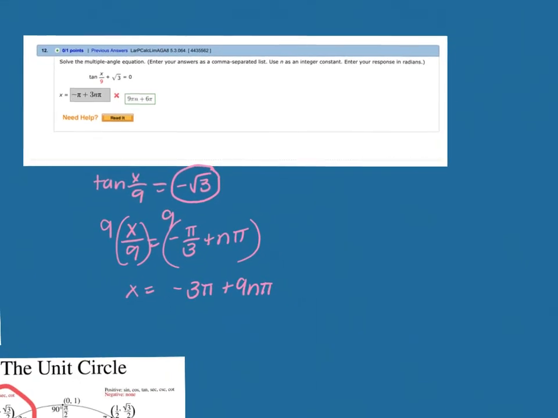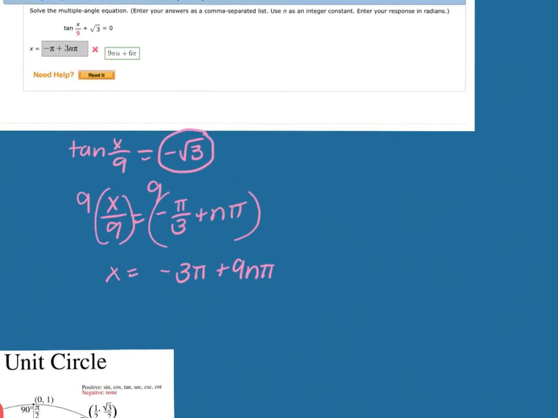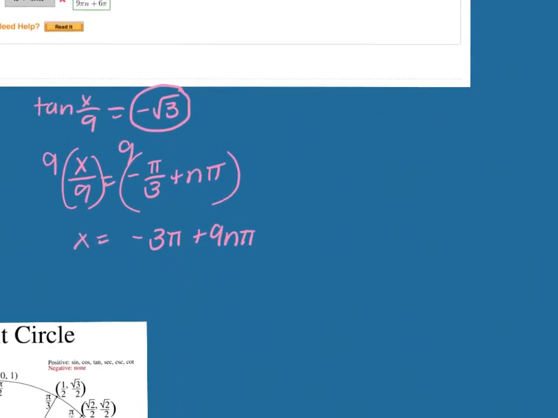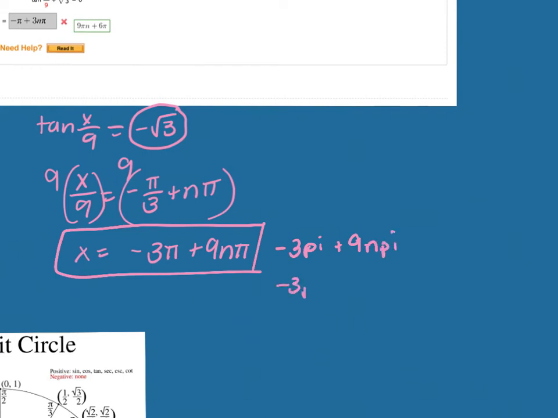So both the restriction and the angle have to get that 9. And again, type in negative 3 pi plus, with no spaces, 9n pi.